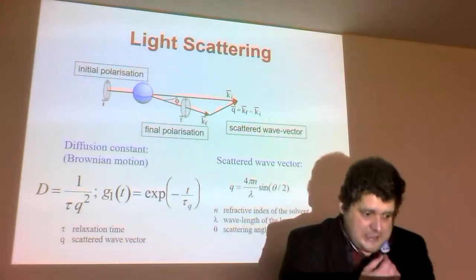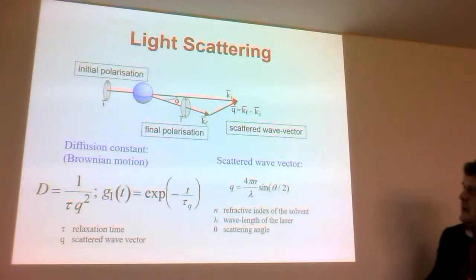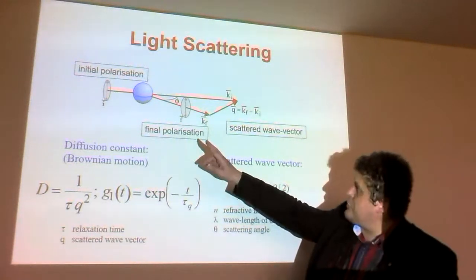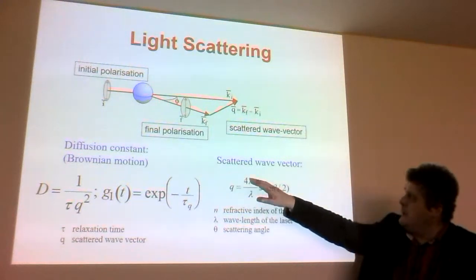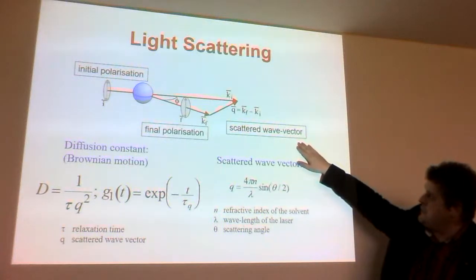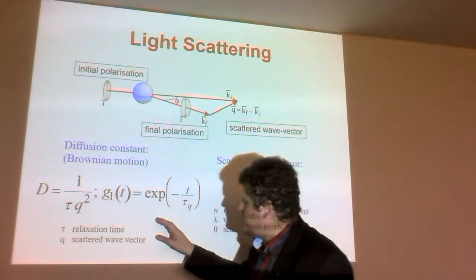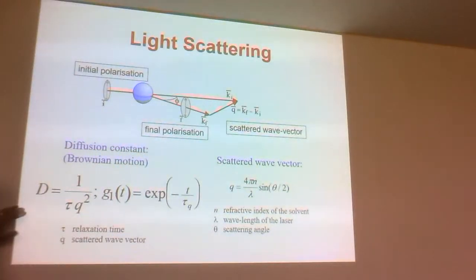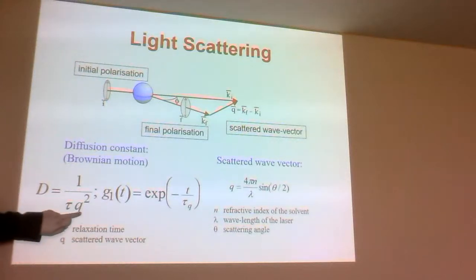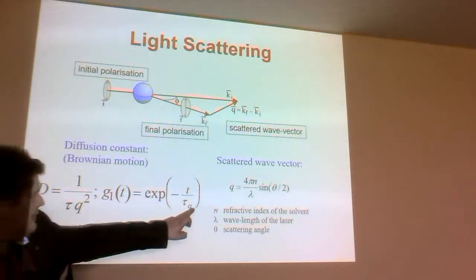Okay, then when we consider light scattering, we know the initial polarization and the final polarization, and we're able to define this wave vector. Thus we're able to present the diffusion constant for Brownian motion in a way that can be explained through the relaxation time and the scattering vector. Here is the scattering vector.